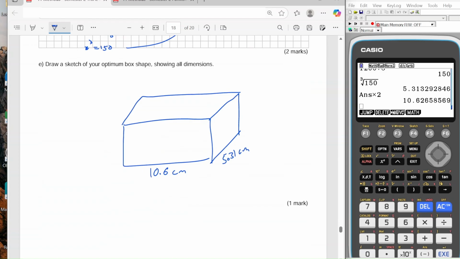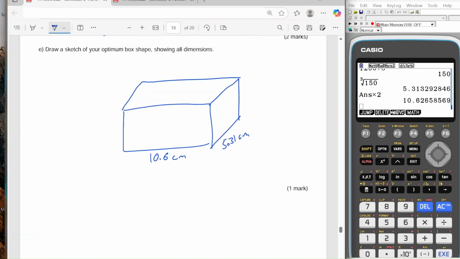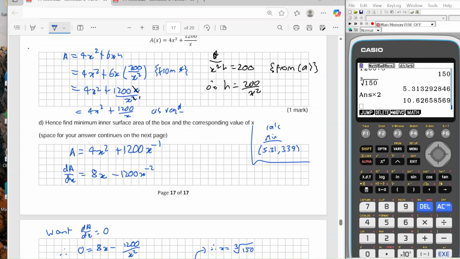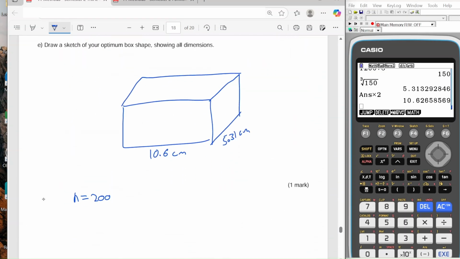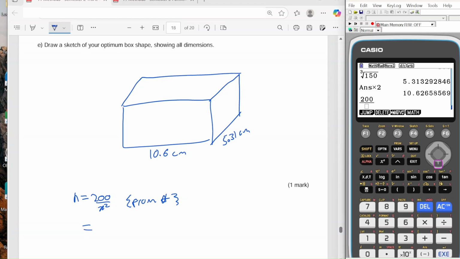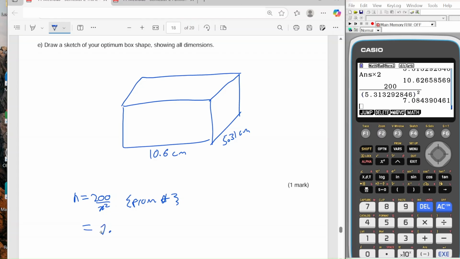And then the height, so height was 200 over x squared from star. So if we work that out, we've got 200 over 5.313292846 squared. So 7.08.